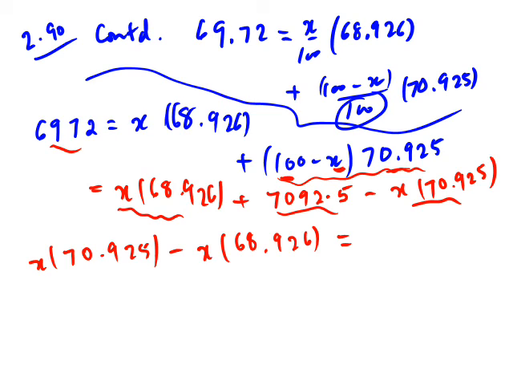Okay, so 7092.5 minus this quantity, 6972.